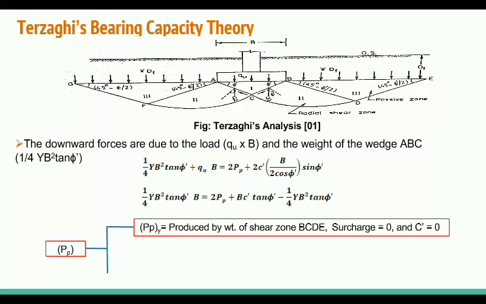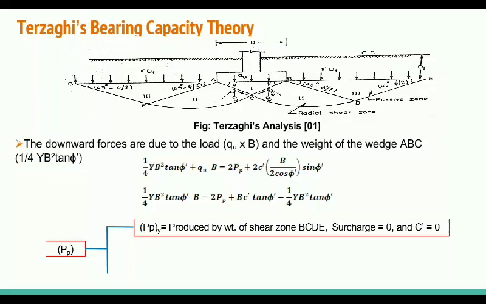When we are talking about the weight of the shear zone, the rest are neglected. By assumption, surcharge is 0 and cohesion of the soil is 0, which means the soil is cohesionless. So this is produced only by the weight of the shear zone BCDE, where surcharge is 0 and soil is cohesionless.